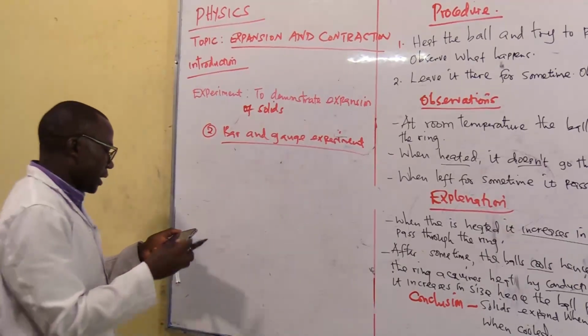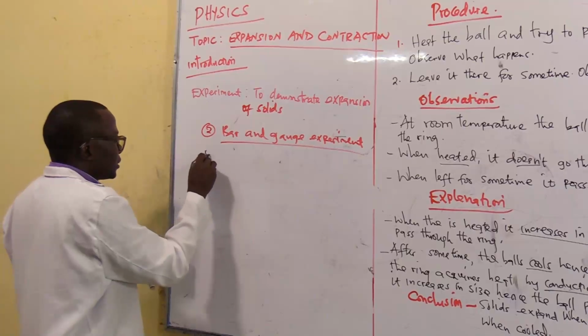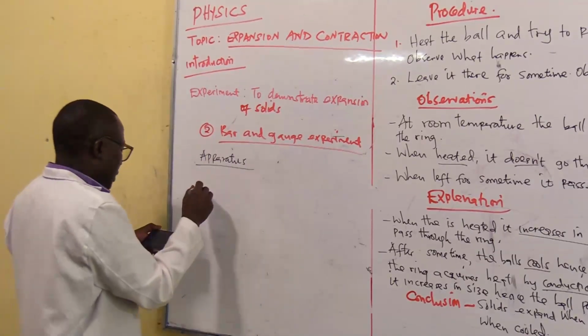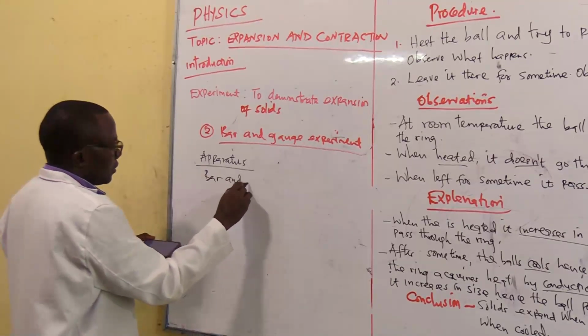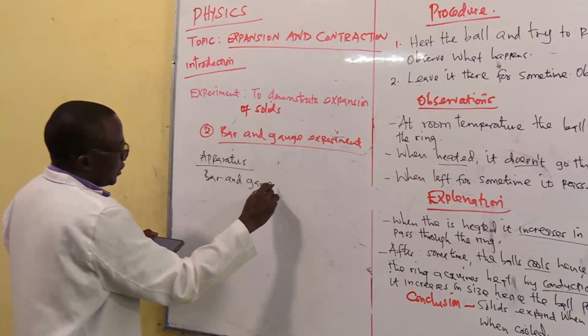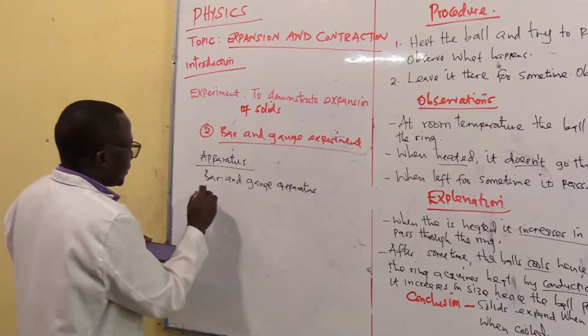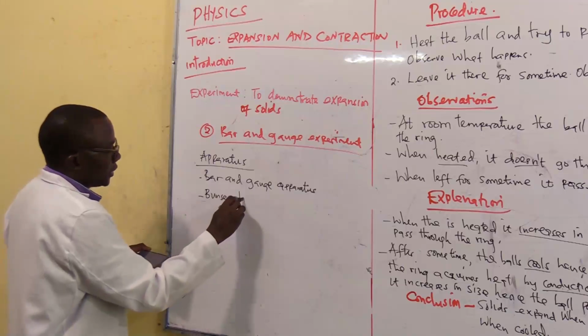The first one, you need a bar and gauge apparatus. You also need a source of heat. For this case, we're using the Bunsen burner.